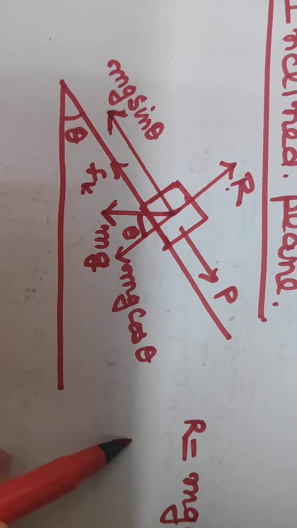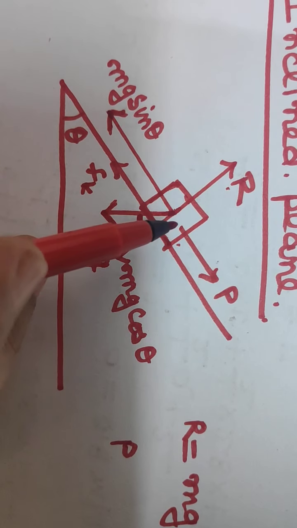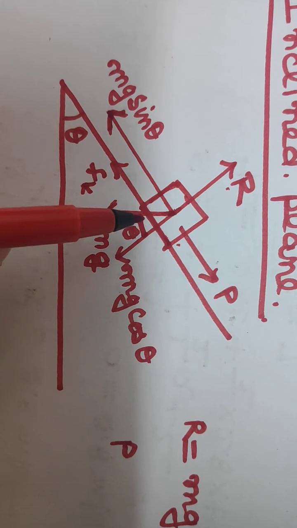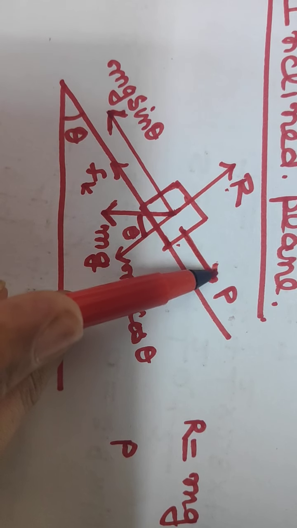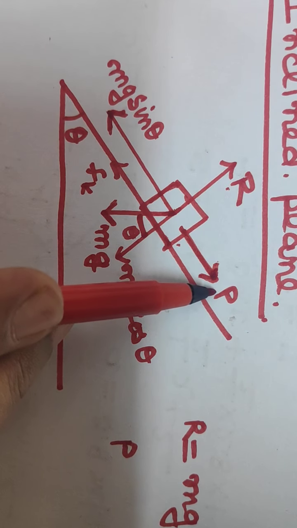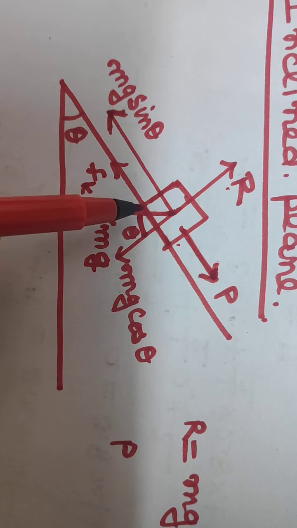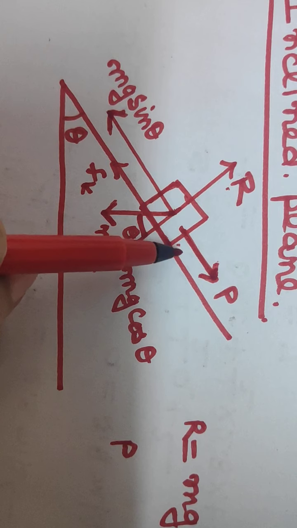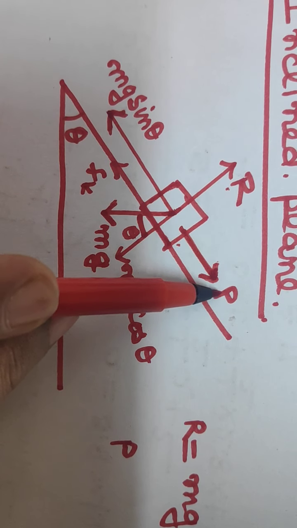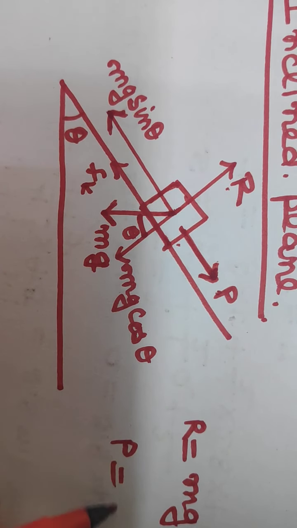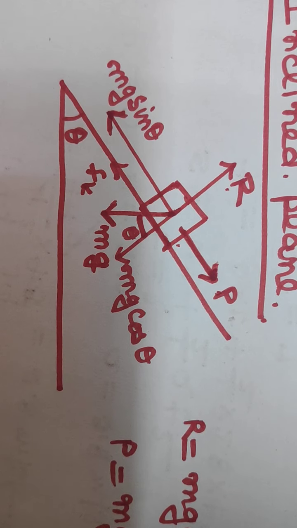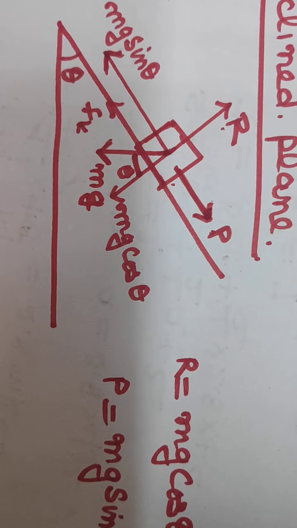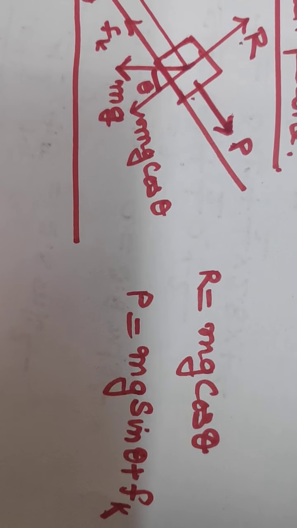We want the object to move in the upward direction, so we apply a force P. If it is moving with constant or uniform velocity, then this applied force must be equal to mg sin theta plus Fk.